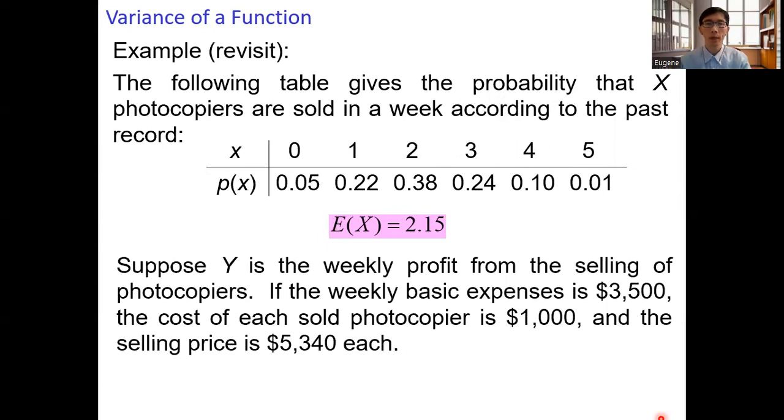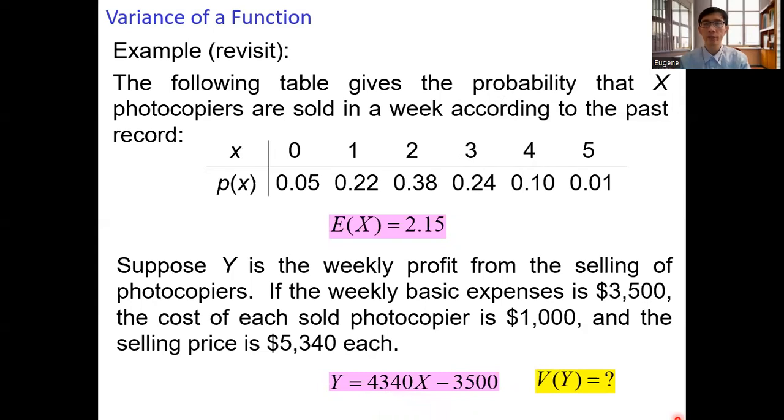Now suppose Y is the weekly profit from the selling of photocopiers. The weekly basic expenses is $3,500, the cost of each sold photocopier is $1,000, and the selling price is $5,340 each. And we get the profit function, the random variable Y equals 4,340X minus 3,500.